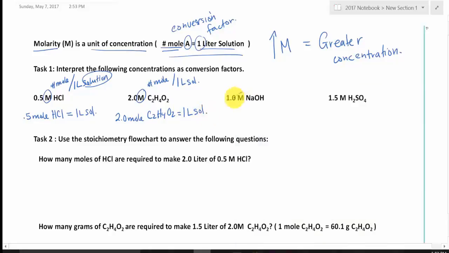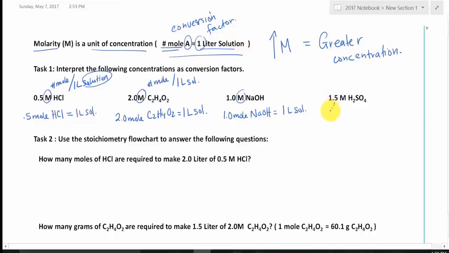And over here we have 1.0 molarity of NaOH. Again, molarity is the number of moles divided by 1 liter of solution, so we have 1.0 mole of NaOH equal to 1 liter of solution. Isn't that easy? Again, molarity is number of moles divided by 1 liter of solution.